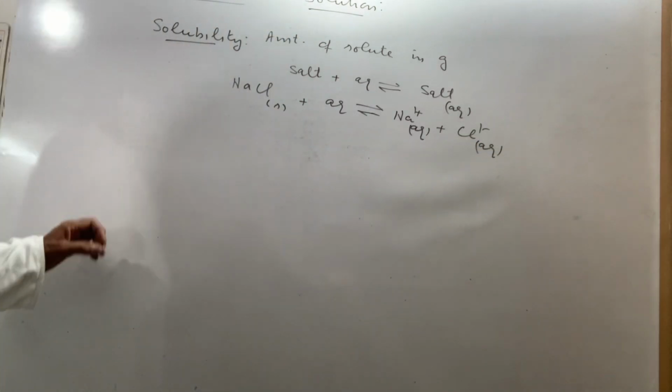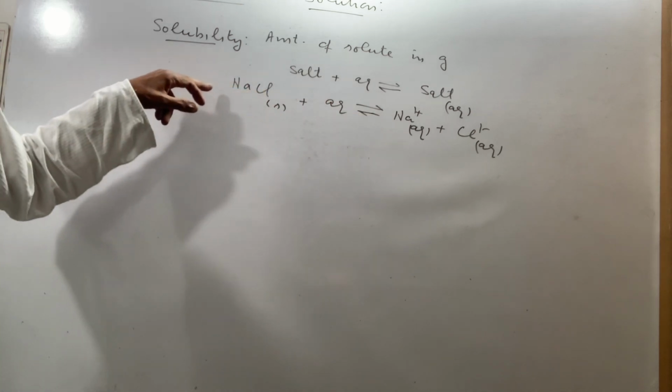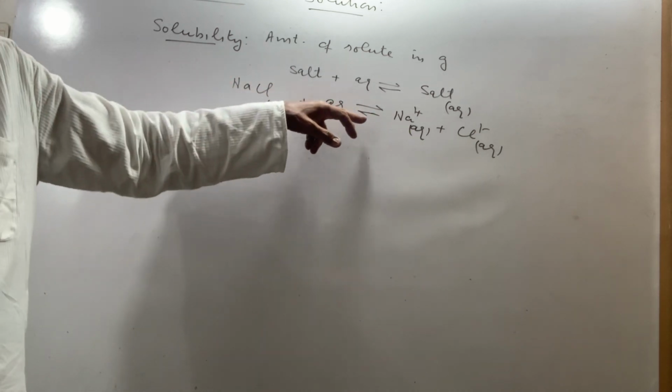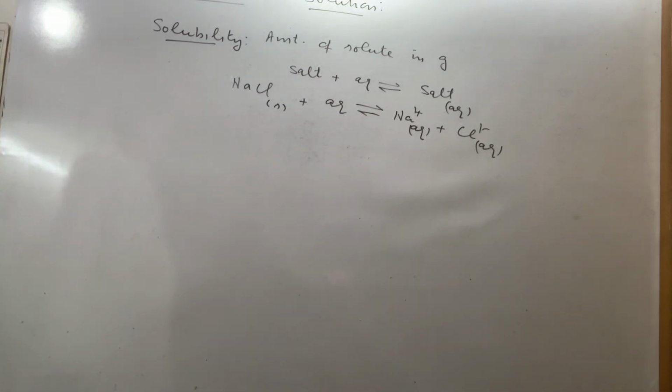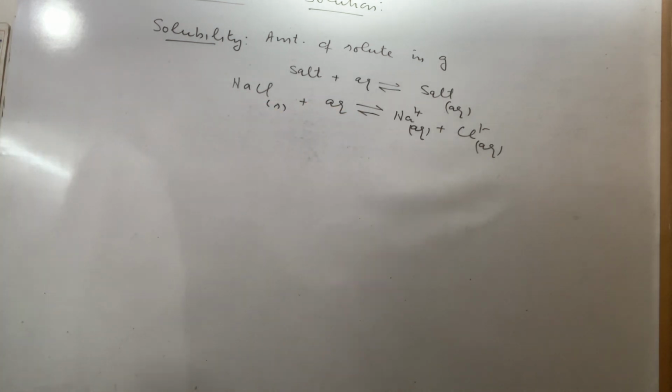This indicates the sign of reversibility. The rate of dissolution is equal to the rate of precipitation. This is indicating saturated solution. So ultimately when equilibrium is there, the rate of forward reaction is equal to the rate of backward reaction.